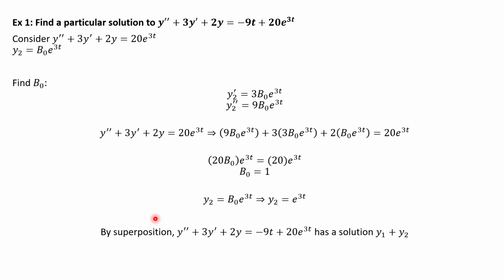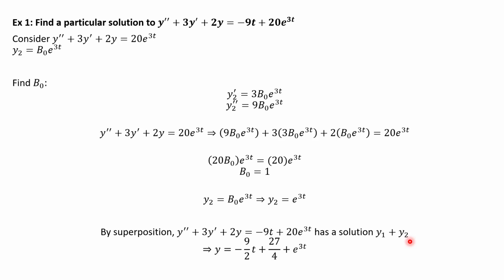And so now, to answer the original question, by the superposition principle, our differential equation that had a sum of two non-homogeneous terms has a solution of our two answers, y1 plus y2.